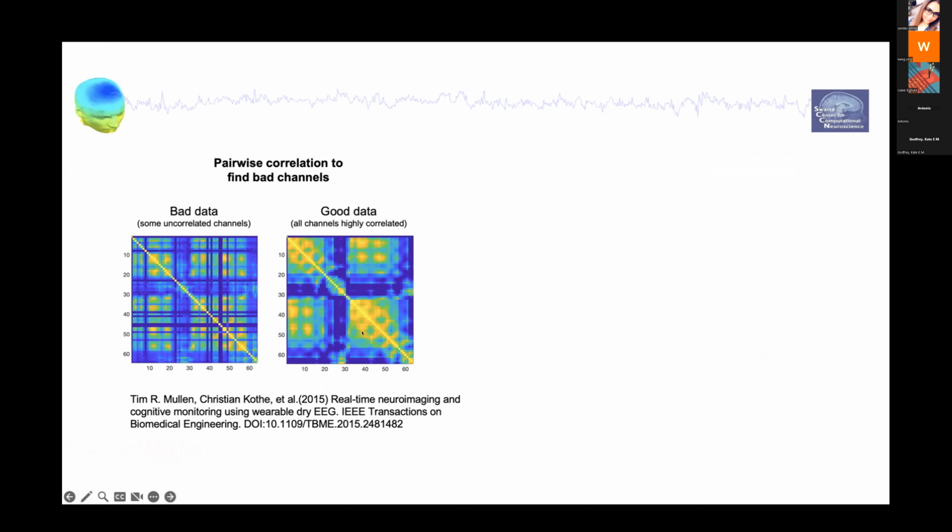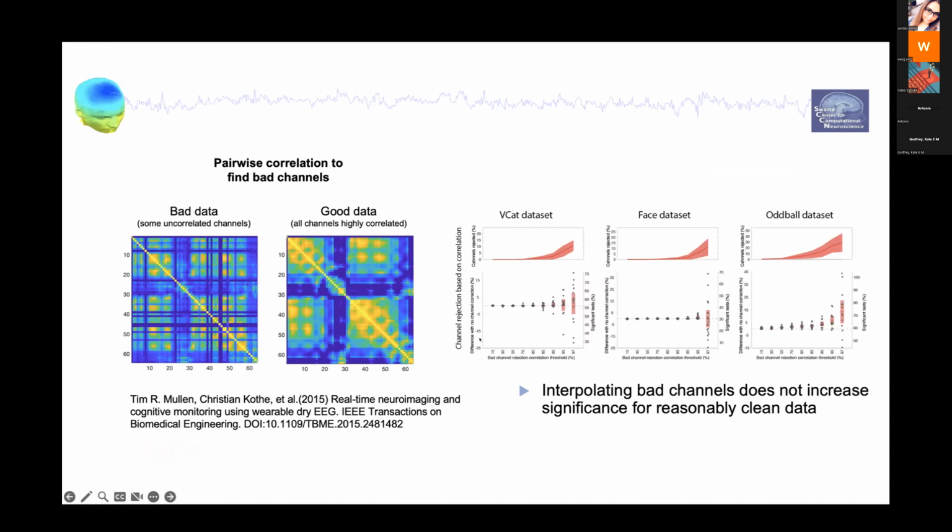There's a function where you can set a threshold in the clean raw data plugin of EEGLAB to determine which channels you want rejected. I think the default is 85% correlation. And here, again, this is the same type of method. We take the data and we apply different thresholds for rejecting channels.